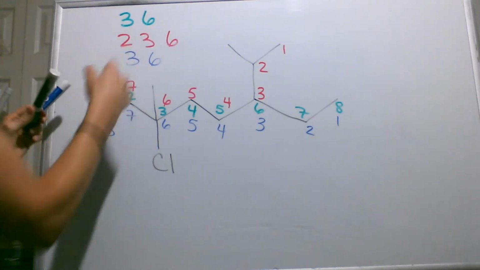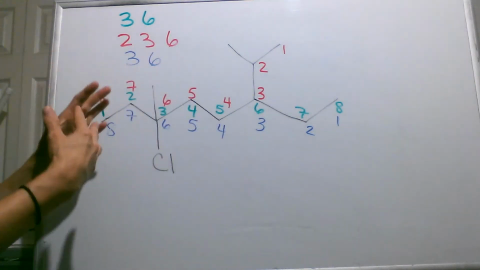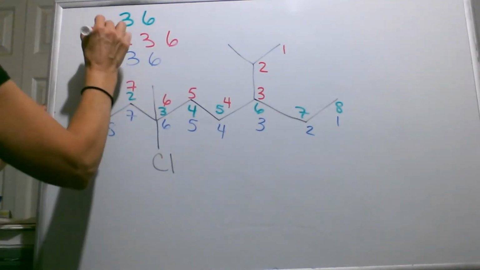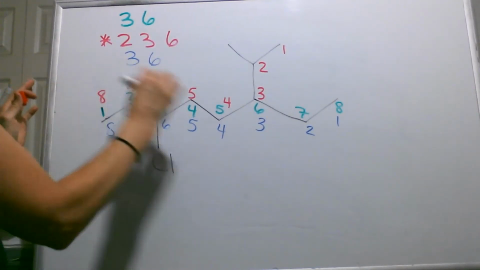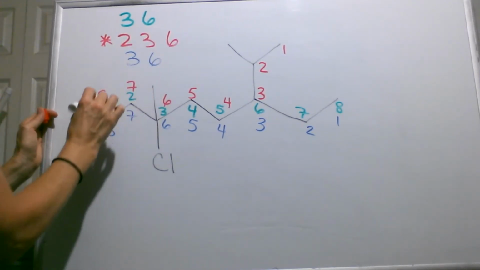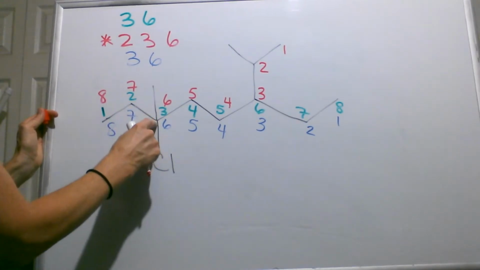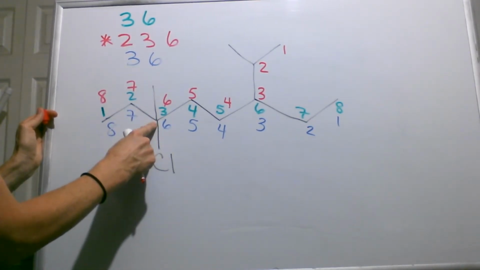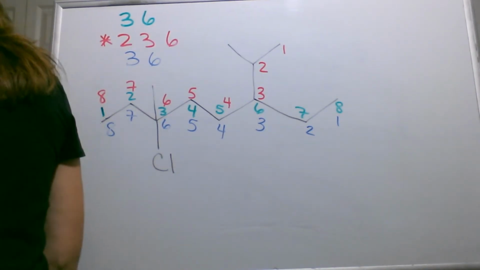And so for the red path, we actually have substituents on a greater number of carbons. So that is going to be the path. Now, we should really check the opposite direction to see if that changes the lower numbering. So if we were to number in the opposite direction, 1, 2, 3, our first substituent appears at carbon 3. So in fact, the direction that we've already written turns out to be the correct one.